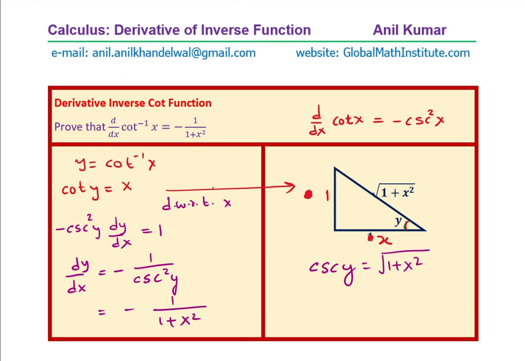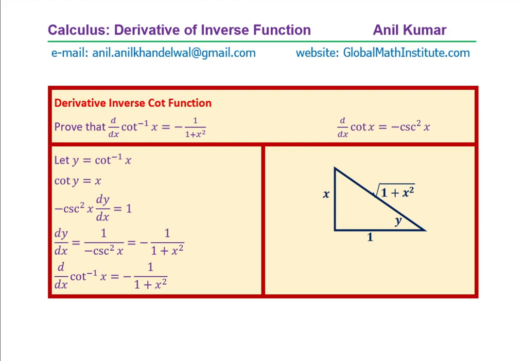Now here is the typed out result for you, and we made a mistake here. When we say cot y is equal to x, that means cotangent is the ratio of adjacent to hypotenuse. So we get this as x and that as 1, right?